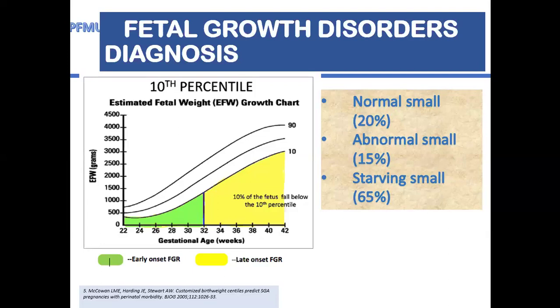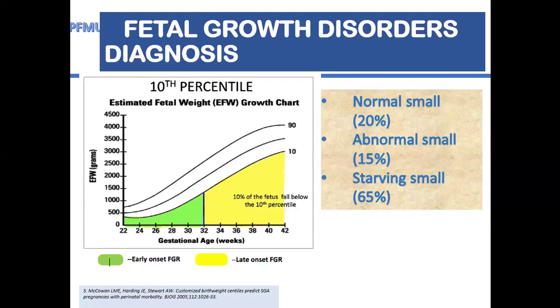20% of them are constitutionally small. They are normal because of one of them or both of them being small, then the baby also becomes small. Are you getting that? They are normal, but they're just small. So that's about a fifth.